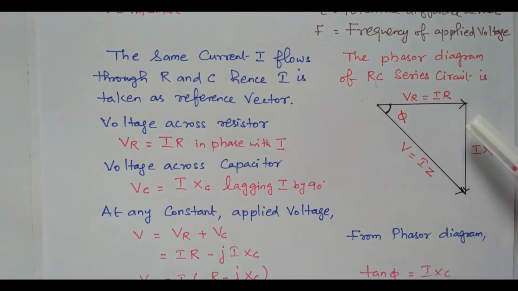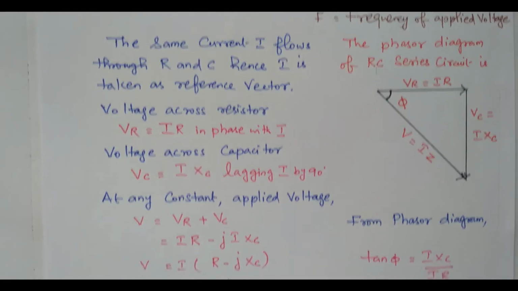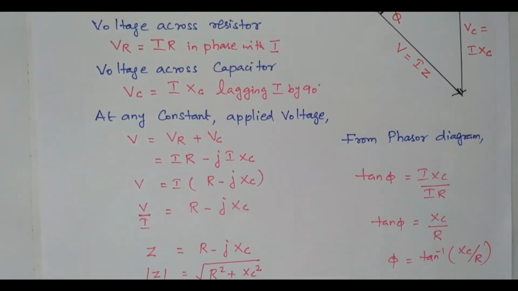So based on that we will find the total voltage. V equal to VR plus VC, that is IR minus jIXC. This minus sign indicates the voltage is lagging. If it is plus j, it means the voltage is leading the current. The minus j represents lagging the current, that's why it is given as minus.